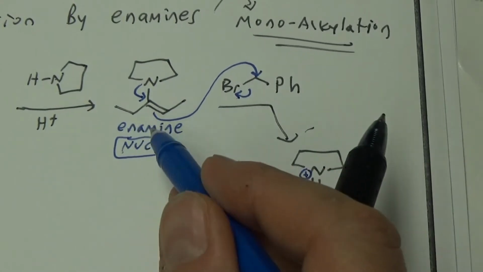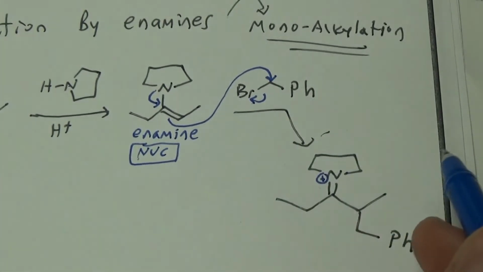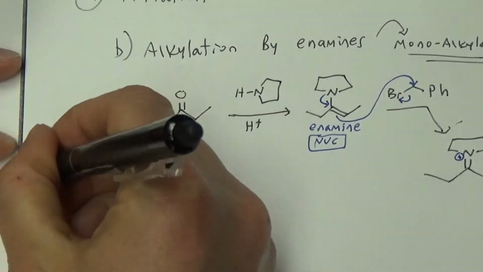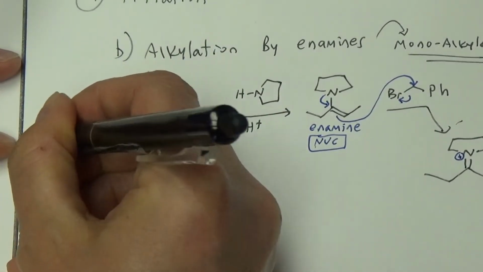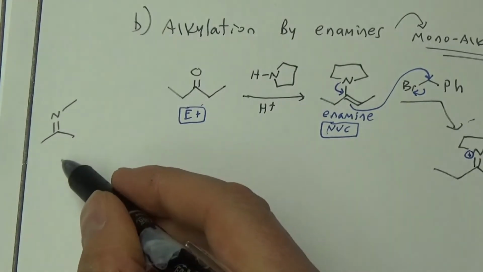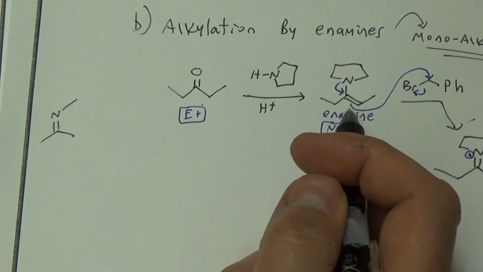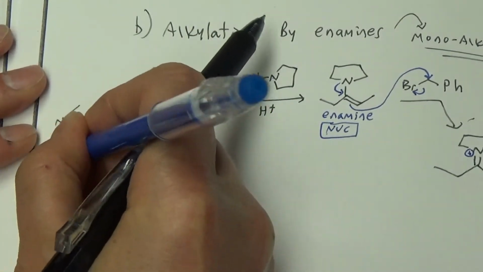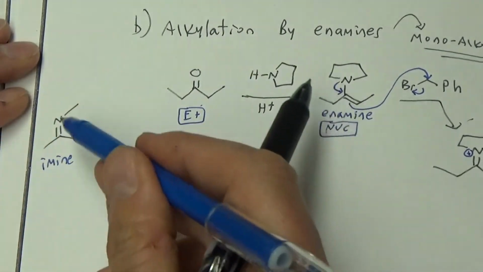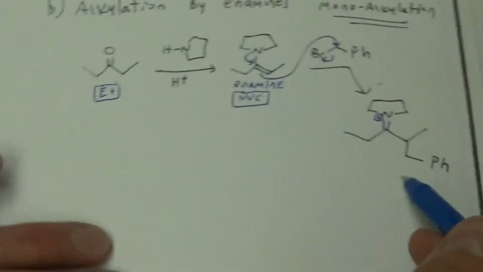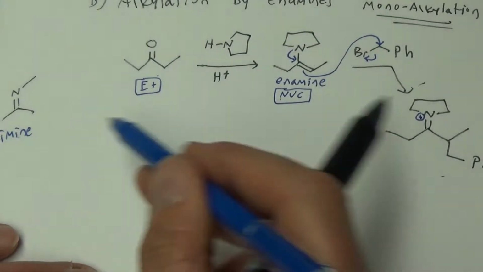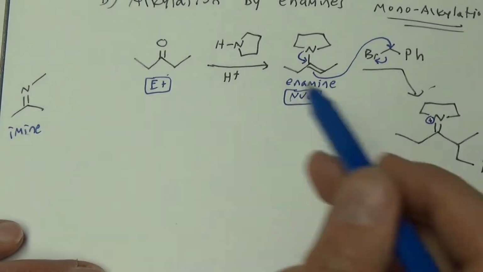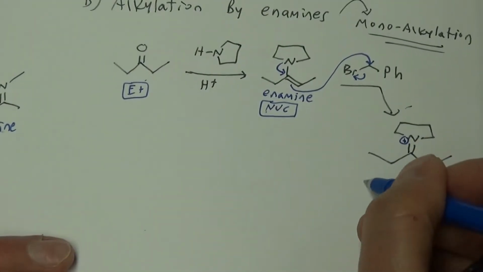We have enamines. We also have, maybe I'll just draw one over here, just for naming. What's that called? That's an enamine. This is not an enamine. This is an imine. Carbon double bond nitrogen, that's an imine. Well, this is not an imine. It looks like an imine, kind of, but it's got the positive charge. So this is imine, this is iminium.